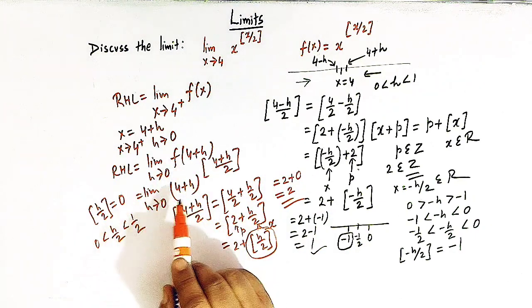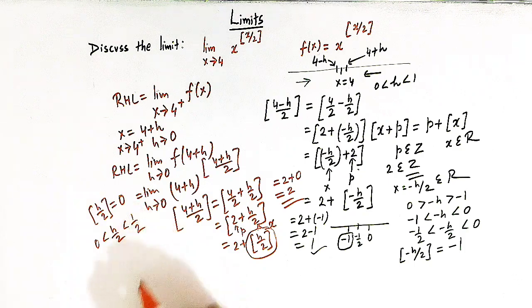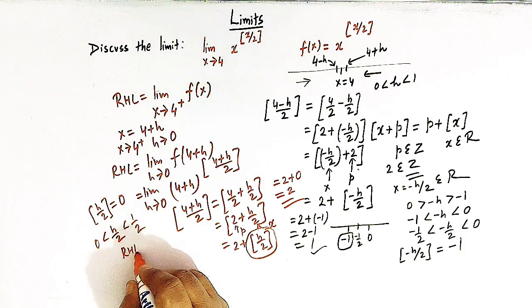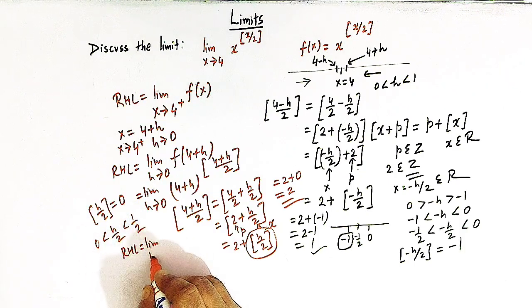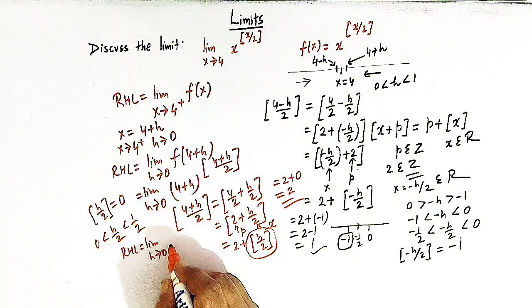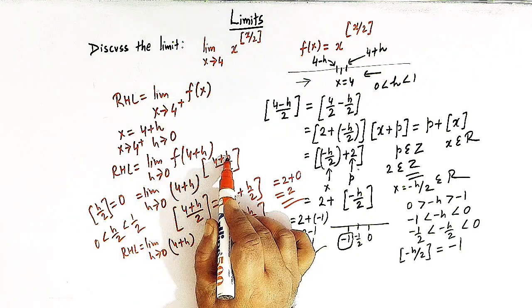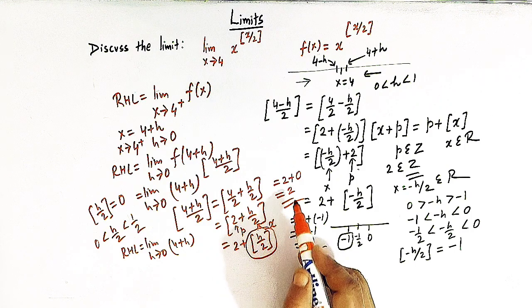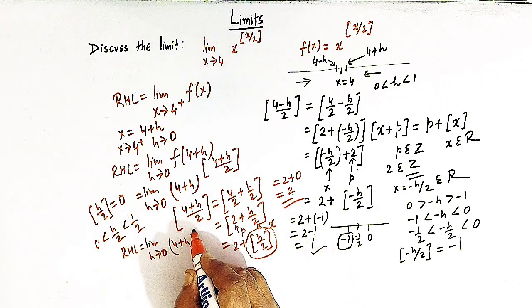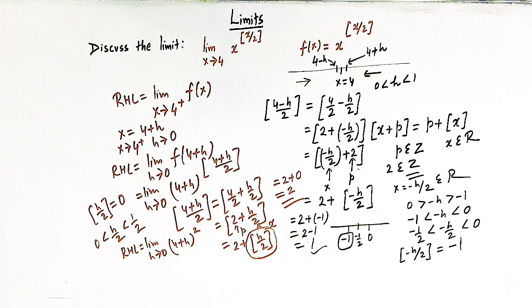So now this limit can be written as limit h tends to 0, and here we have 4 plus h raised to greatest integer of 4 plus h over 2, which is equal to 2. So here we have simply 2.